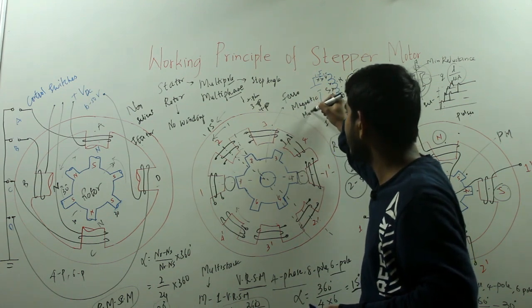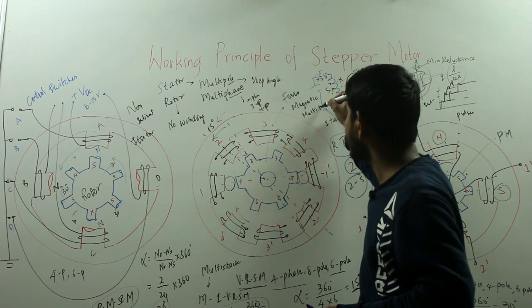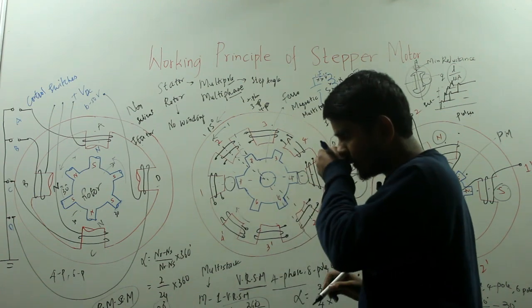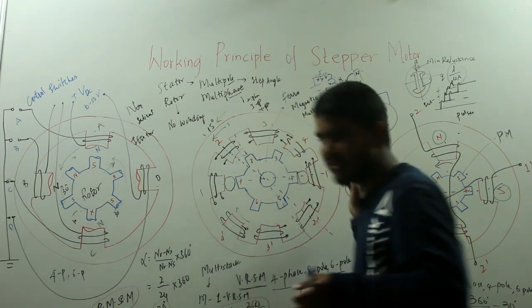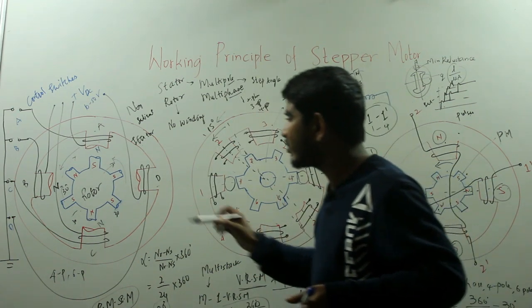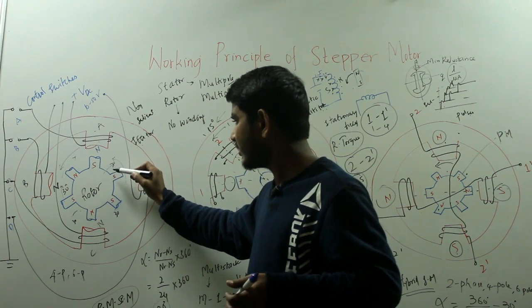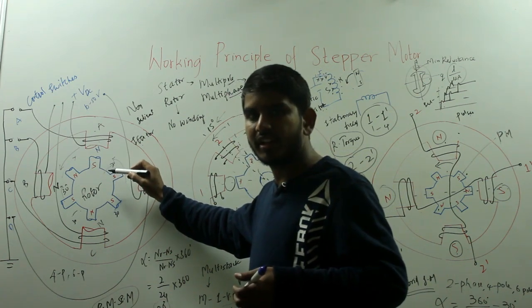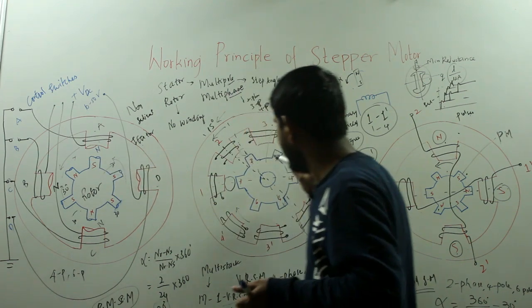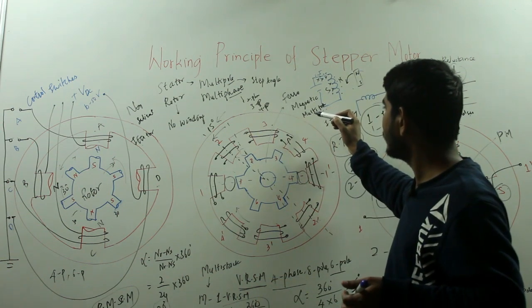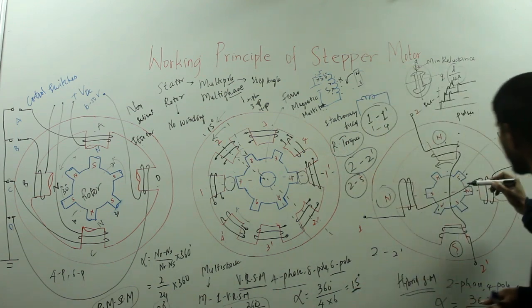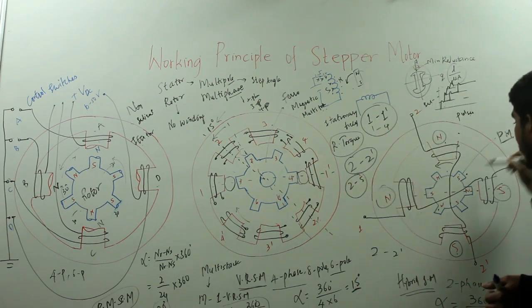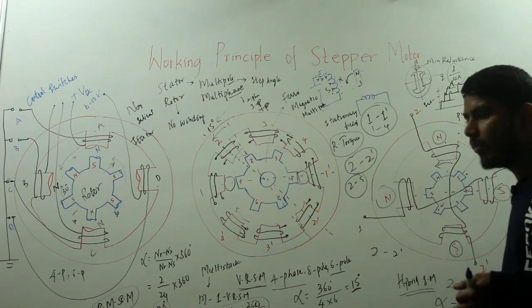If I remind you, the stator of all these three motors will remain the same. In the permanent magnet stepper motor the rotor is a permanent magnet and it can be of salient pole or non-salient pole, and in the variable reluctance motor the rotor is a ferromagnetic multi-tooth one which is not a permanent magnet, and in the hybrid stepper motor the rotor is a permanent magnet with a multi-tooth structure.